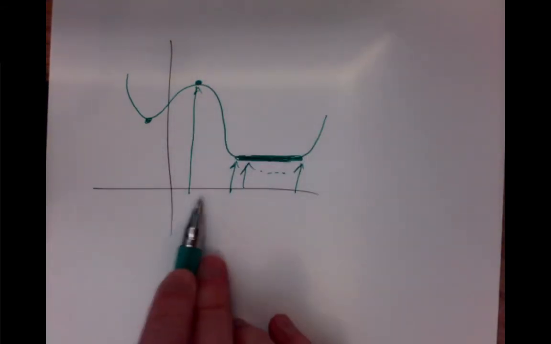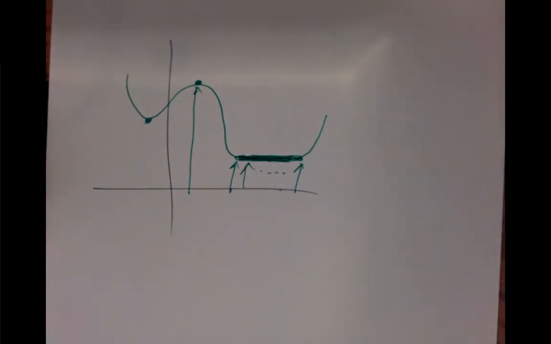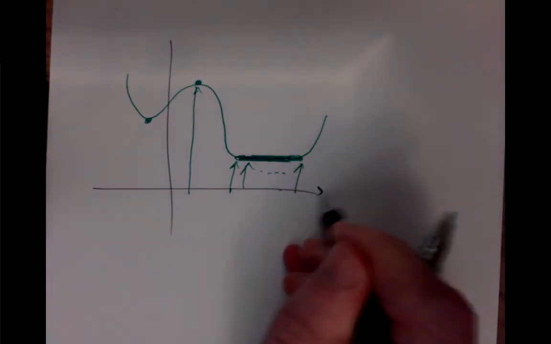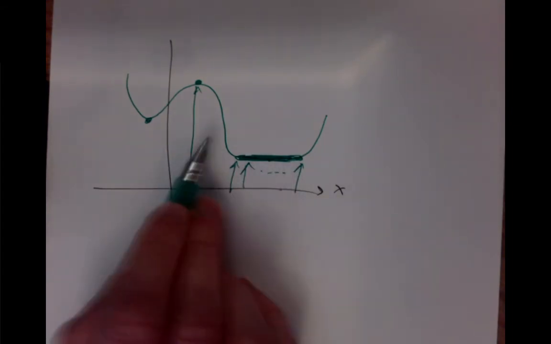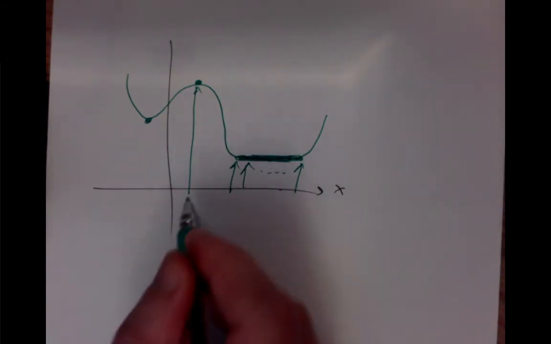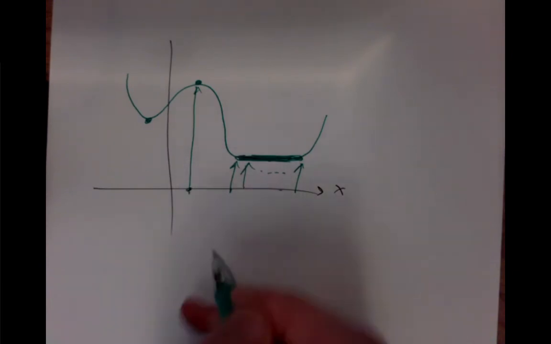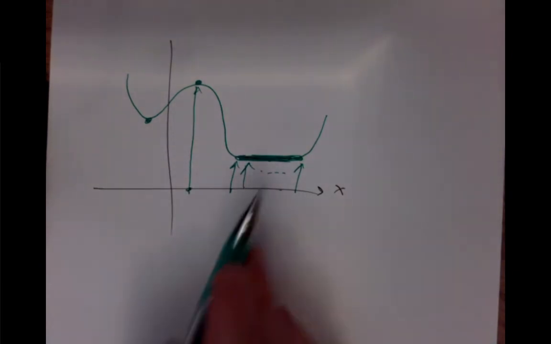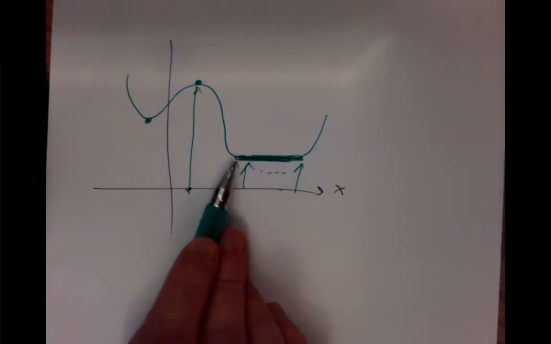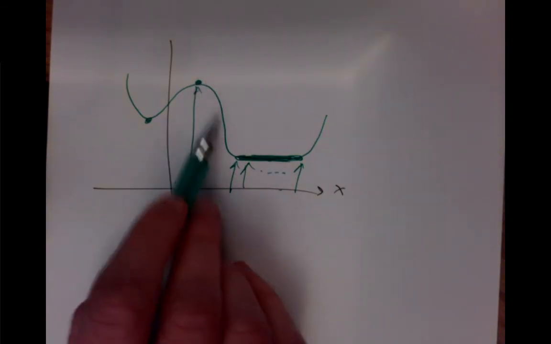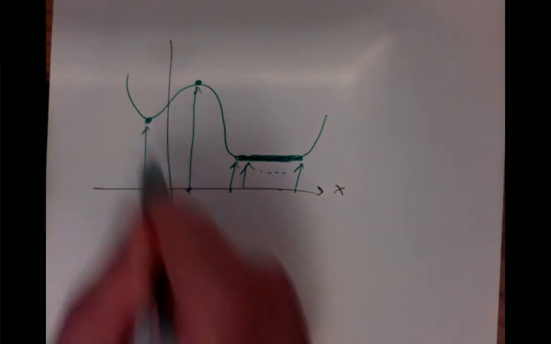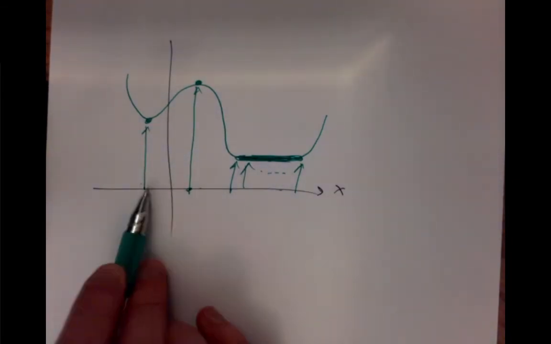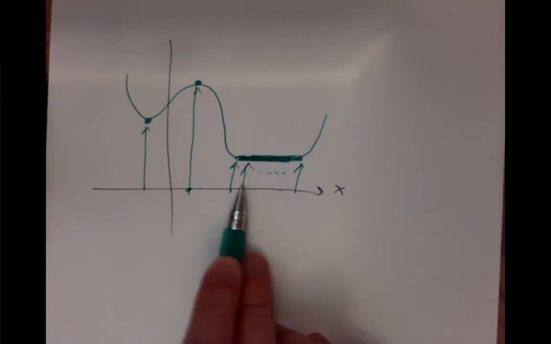So the critical points by definition are the inputs on the x-axis where the function has derivative 0 in this case, or more generally for a manifold, where the differential of the map is not a linear submersion, not a linear surjection. So that's critical, and then this is critical. So this has 2 critical points here, and then a whole range of critical points along here.